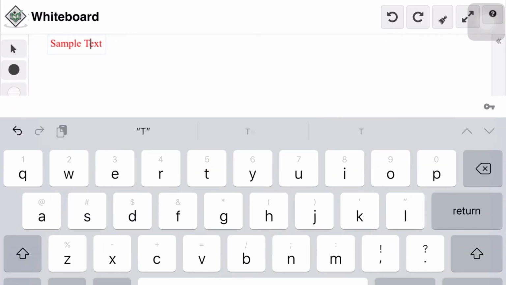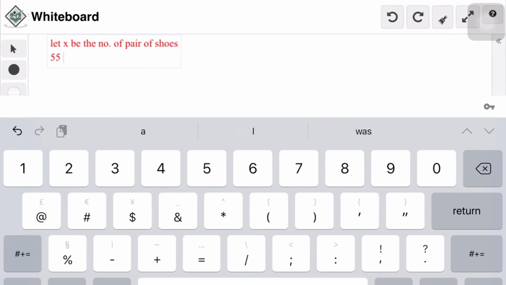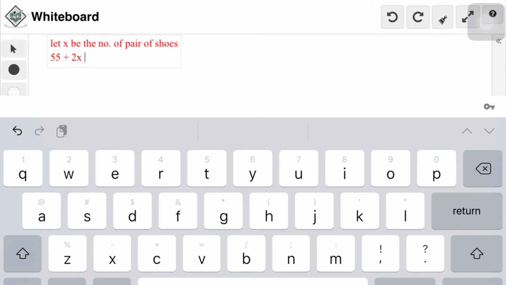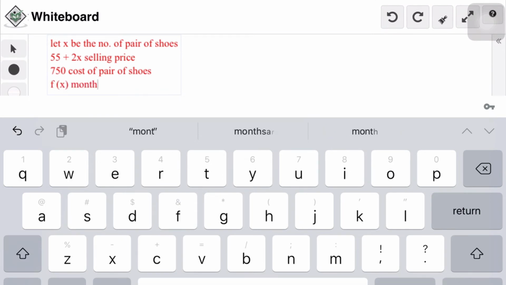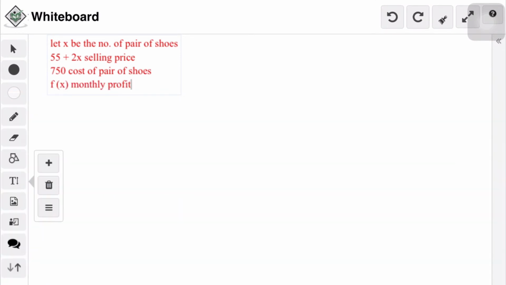The given here is, we will let x be the number of pairs of shoes, then 55 plus 2x as the selling price, then 750 the cost of a pair of shoes, and f of x as the monthly profit. So that's the given.